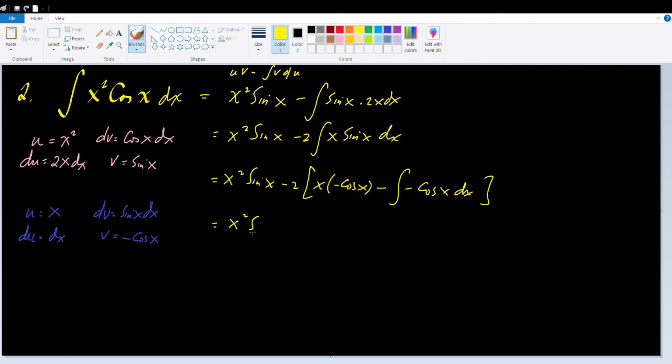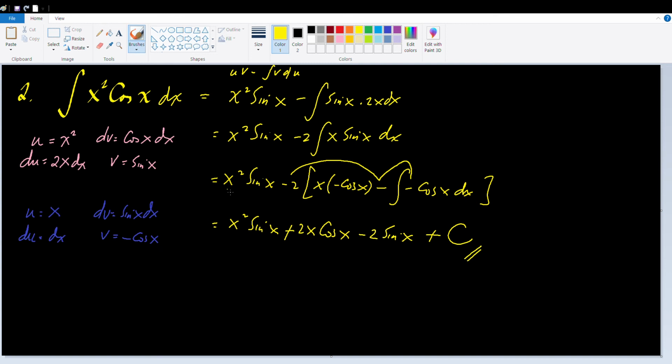So x squared sine x minus 2 times x times negative cosine x becomes positive 2x cosine of x. And then negative 2 times negative is negative 2. Again, negative 2 multiplied to negative times negative is negative 2. And the integral of cosine x is sine of x plus c.